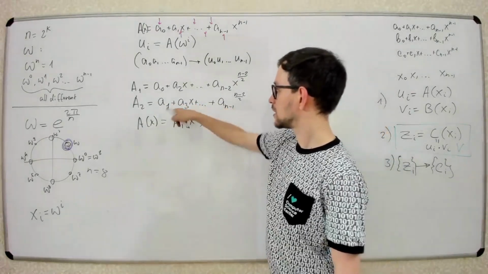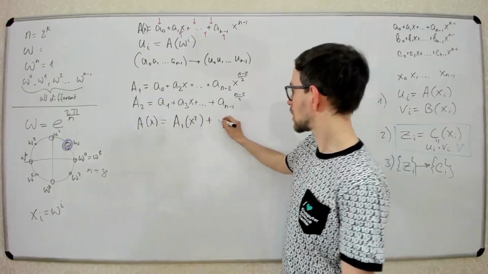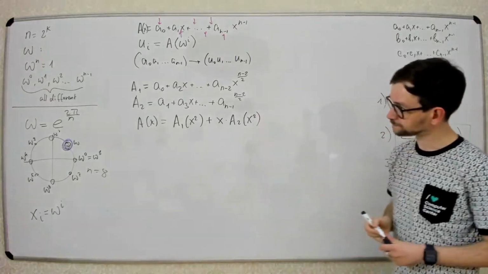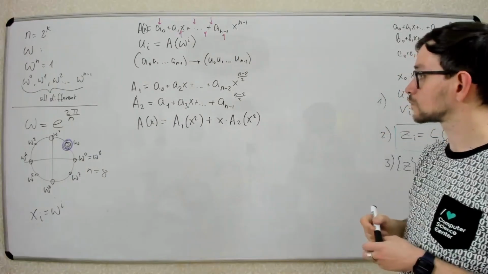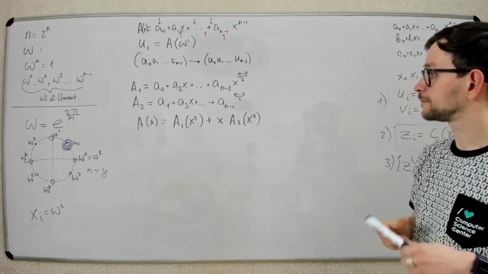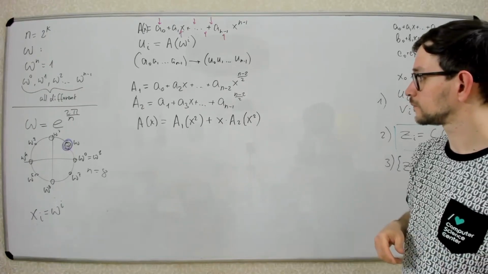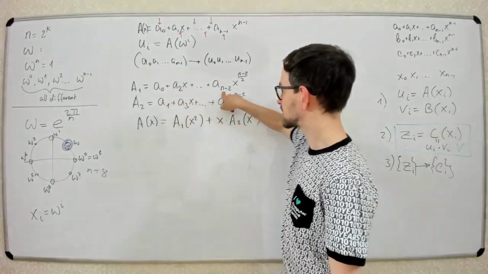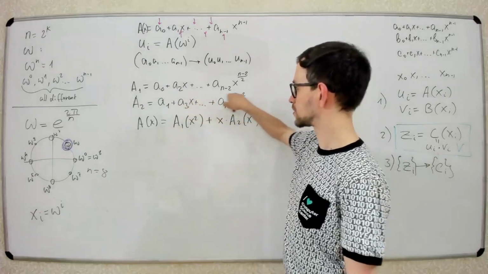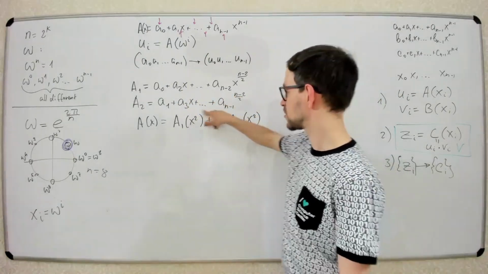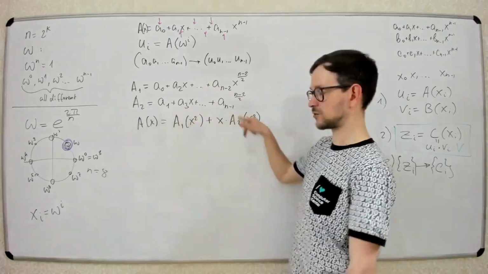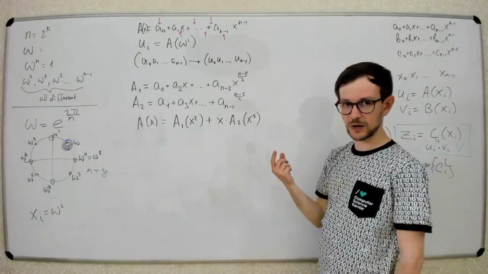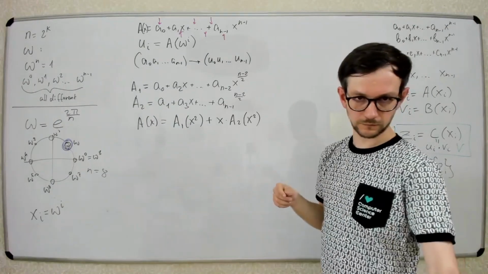So let's just put this x in front: x multiplied by a2 in point x squared, right? Again, if you calculate this, you will have these coefficients with x in power 2, 4, and so on, and these coefficients with x in power 1, 3, and so on. So you calculate one plus double the power of your x. Clear enough?